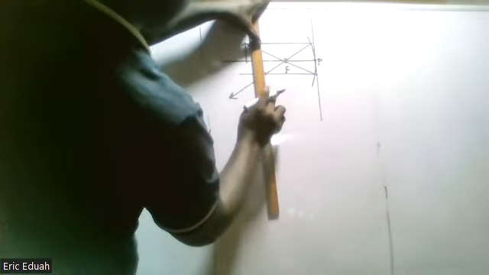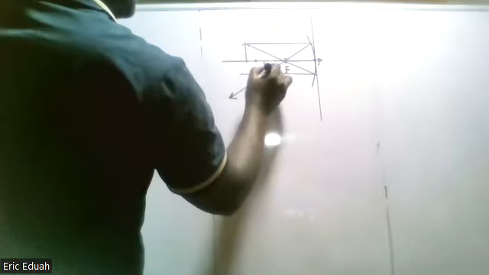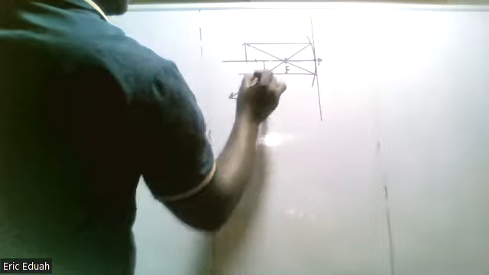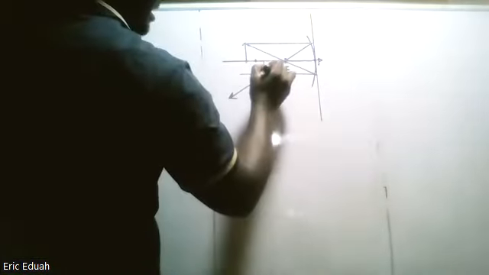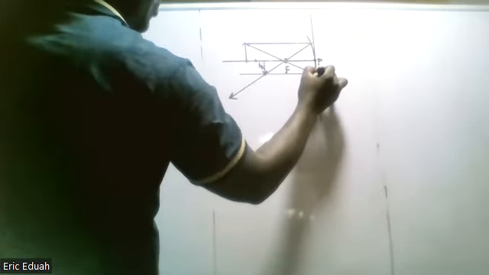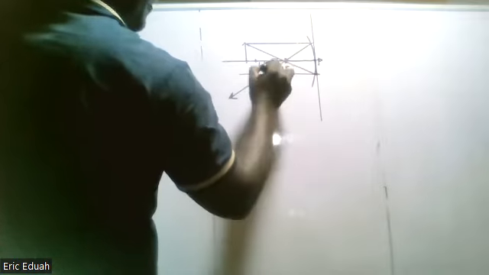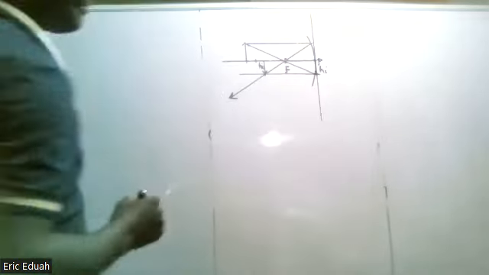So this is the image position. So the image height is here. Please note that this height hi is the same as from here to here. So if this is from here to here is hi, this will also be hi.